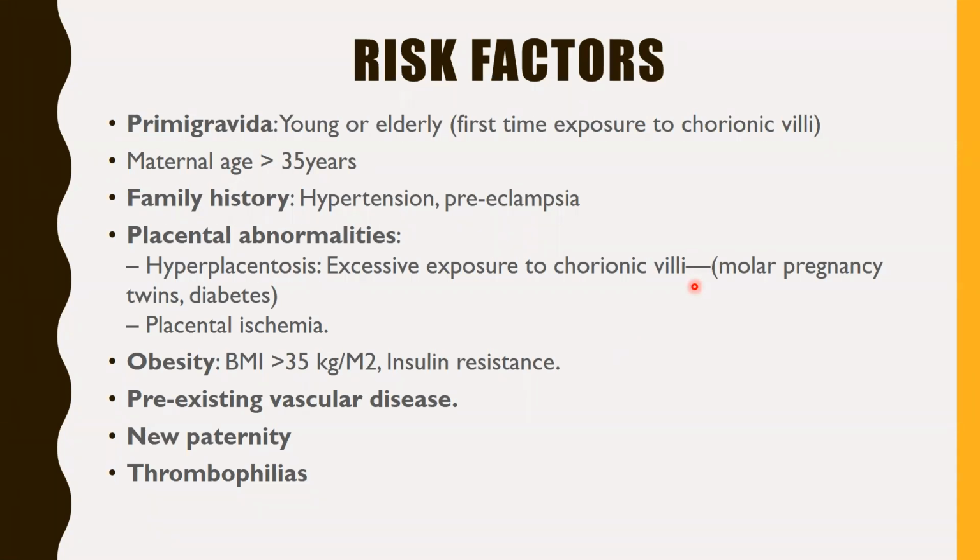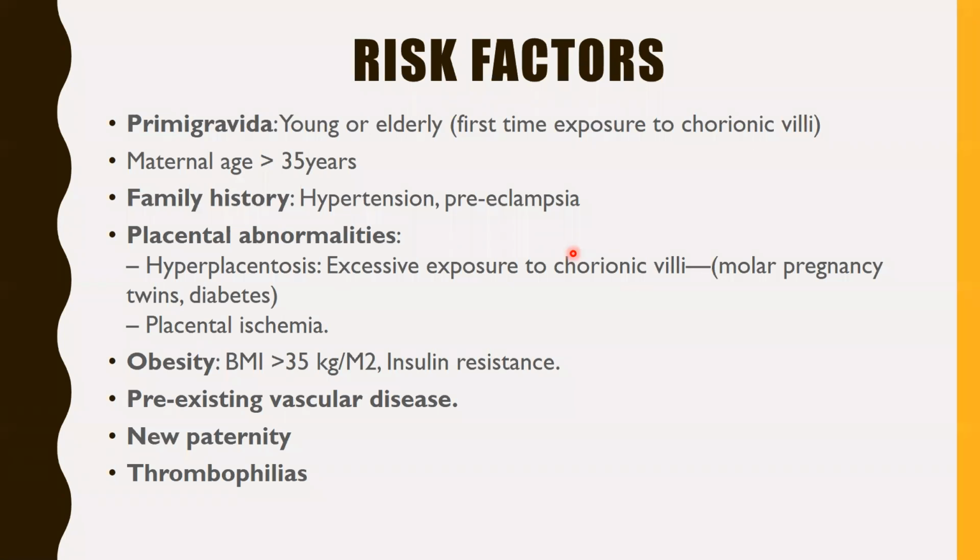Placental abnormalities such as hyperplacentosis, where there's excessive exposure to chorionic villi, are usually seen in molar pregnancy, twin pregnancy, and also diabetic patients. They can also be placental ischemia. Another risk factor is obesity, where someone has a body mass index of greater than 35 kg per meter squared, and also insulin resistance, which falls under diabetes.